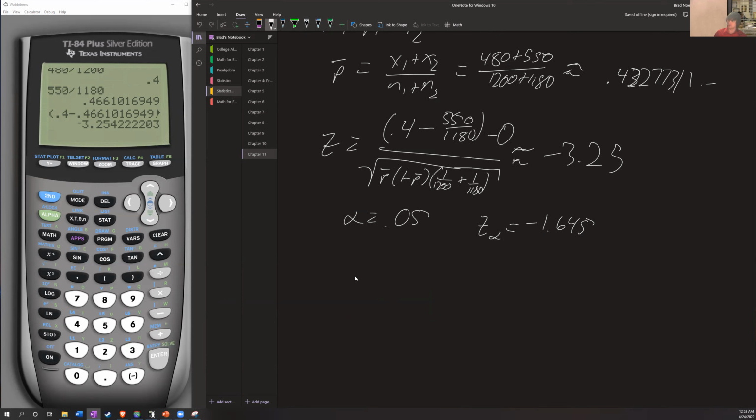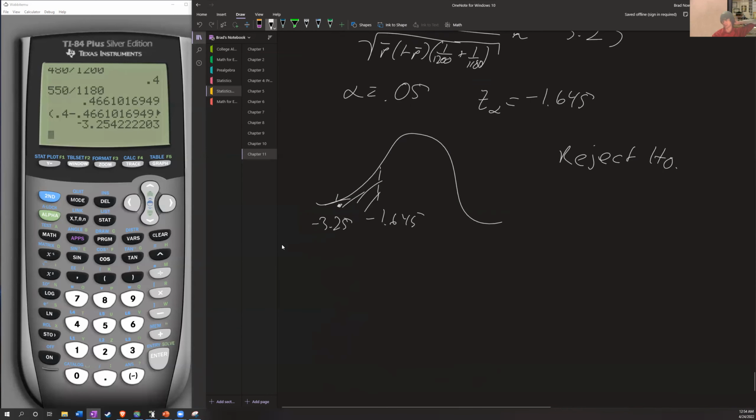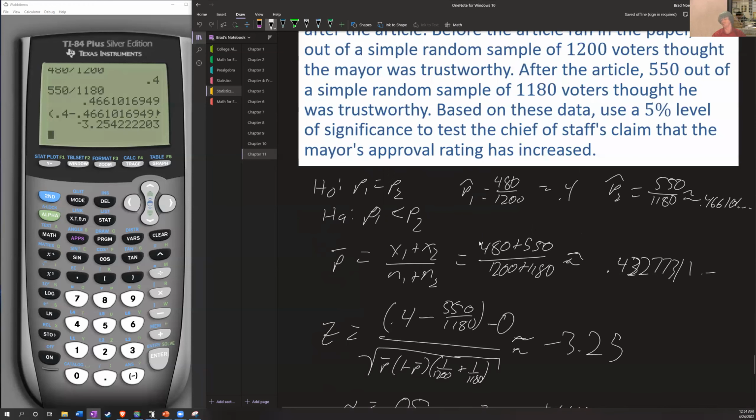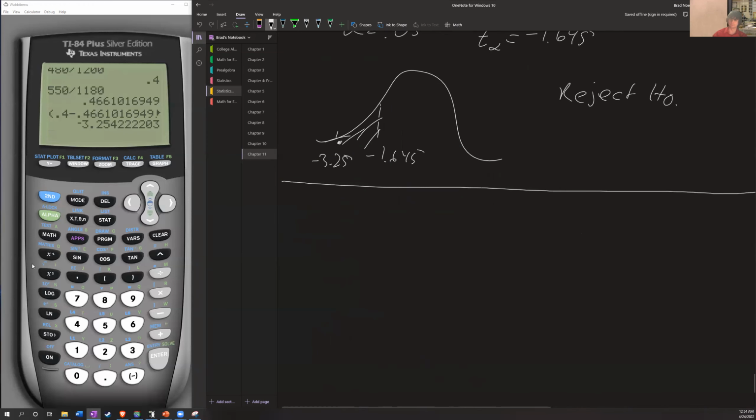We'll note that our test statistic lies inside my rejection region. So that means we reject our null hypothesis. And therefore, we can conclude that P1 is less than P2, which is to say that the popularity went up.